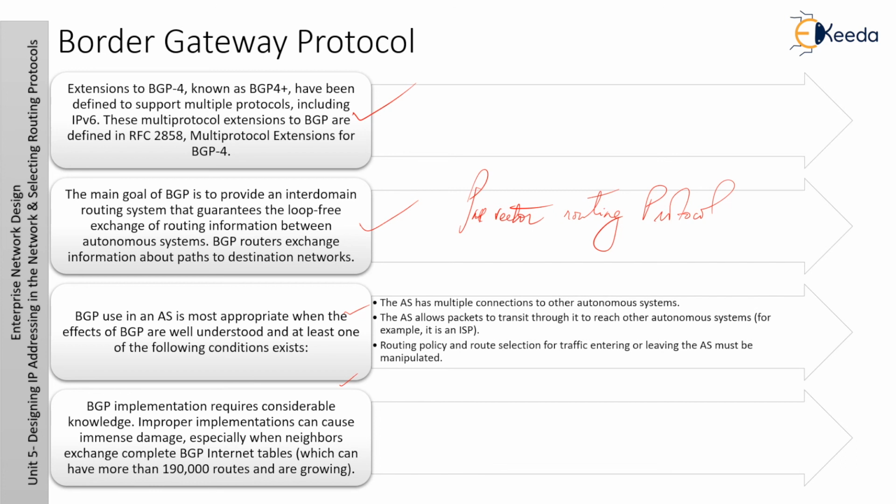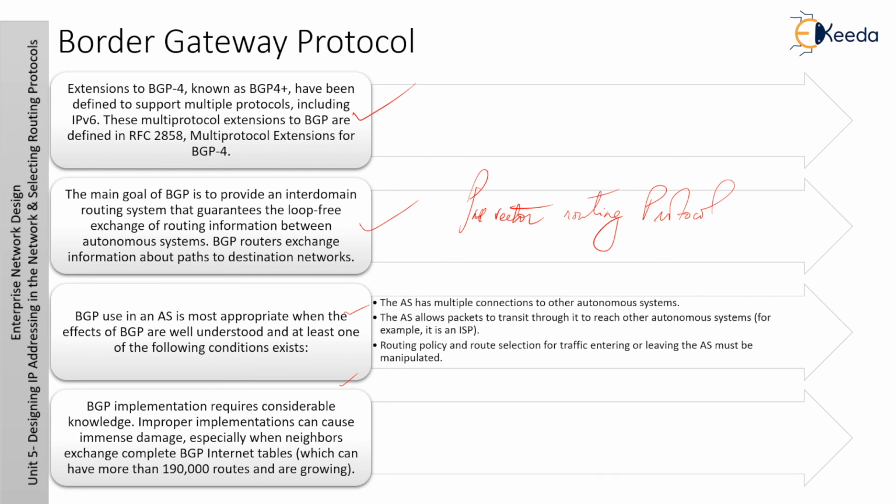BGP is used in an autonomous system and is most appropriate when the effects of BGP are well understood and at least one of these exists.